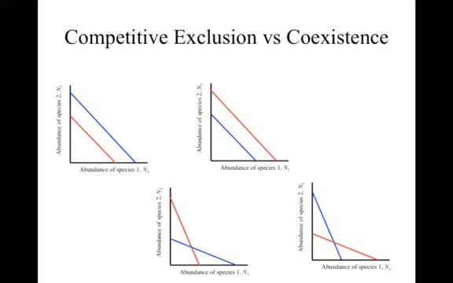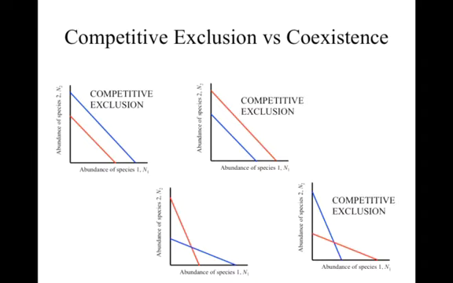All right, so there are 4 different scenarios, and you see we got competitive exclusion for the first, competitive exclusion for the second, competitive exclusion for the fourth, and coexistence for the third. So only one of these scenarios gives us coexistence. All the others give us competitive exclusion. The 2 where the isoclines don't intersect give us competitive exclusion, but the winner differs.